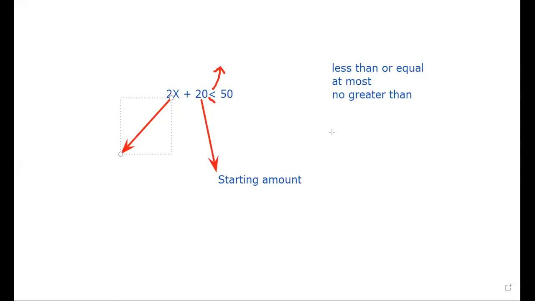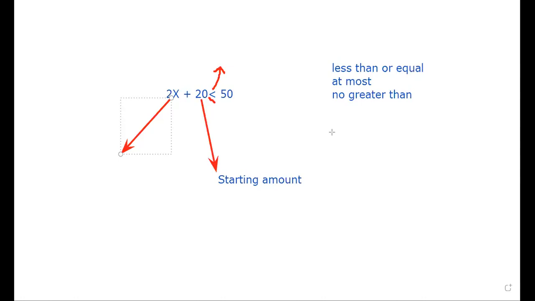And what's the 20? The 20 is the number that we add to the x after we multiply it by 2, the starting amount. And what's 50? The 50 is the amount that we compare to the total, the maximum value.